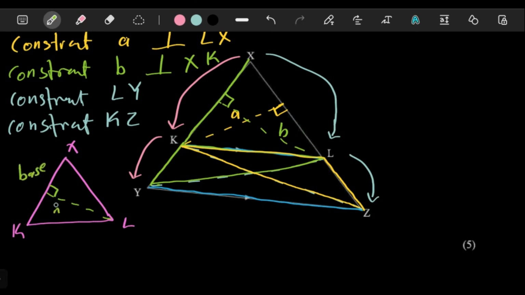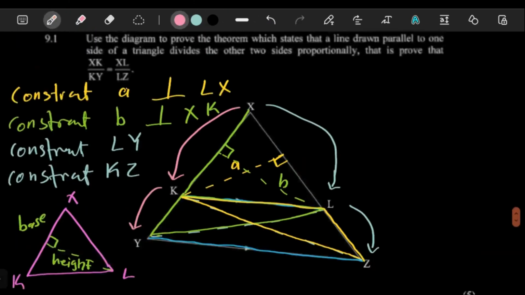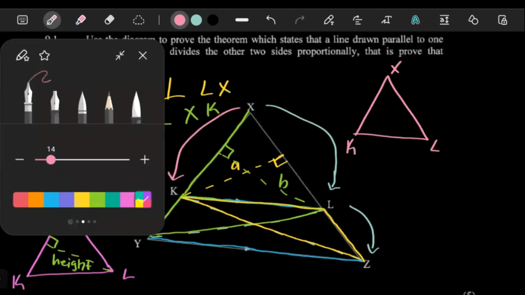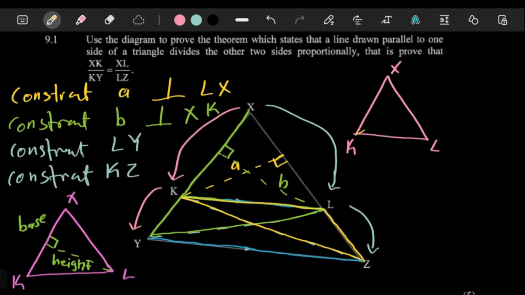And if you're looking at this pink triangle again, let's draw it again. You're going to have X, K, and L. If you're looking at the yellow line that we drew, you're looking at this as the height now, and you're looking at LX as the base.